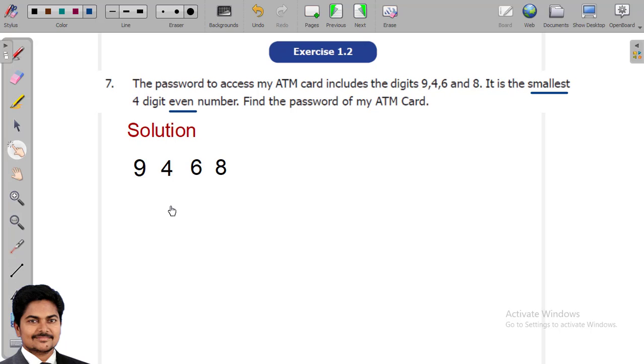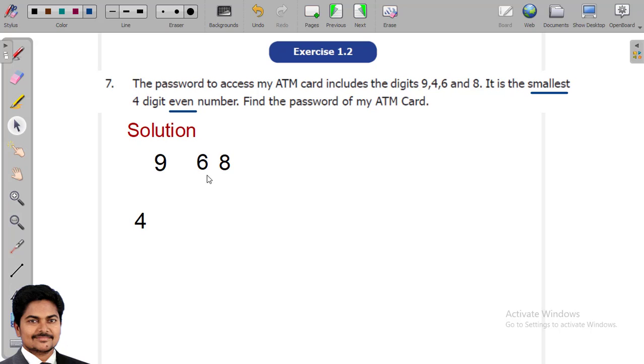So to write the smallest 4-digit number, first we have to arrange the given numbers in the increasing order. To find the smallest number, we have to arrange these digits in increasing order. Which is the smallest number among them? It is 4. So write the number 4 first. Then which is the smallest among them?